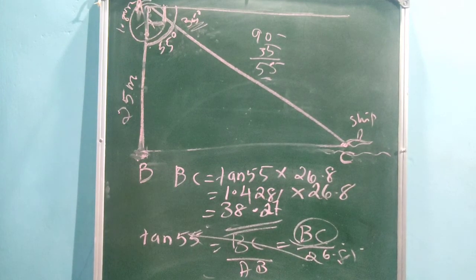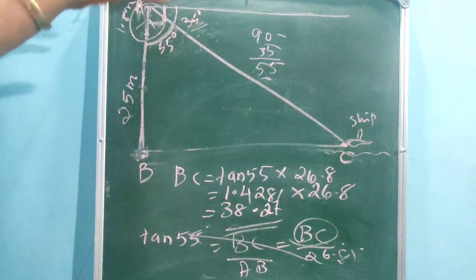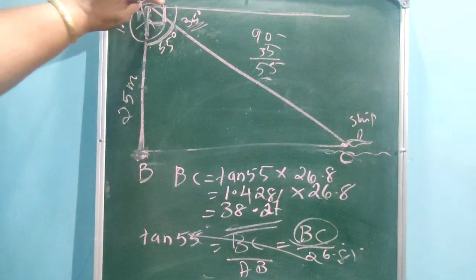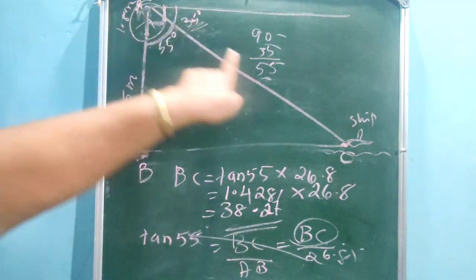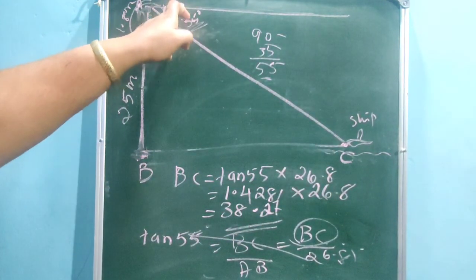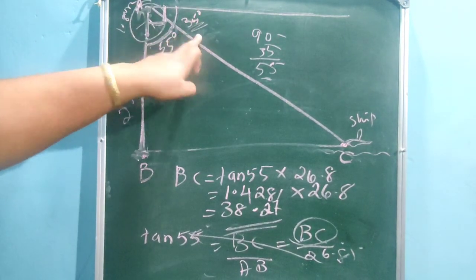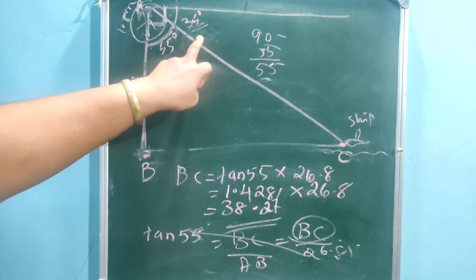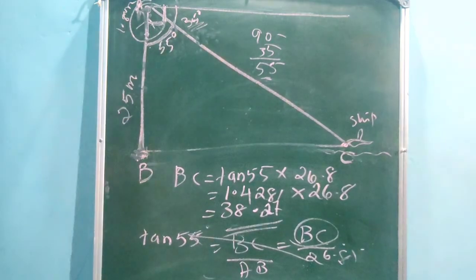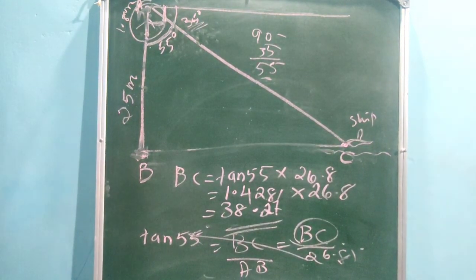So this question is based on angle of depression. See children, this is the straight view and this is the lowered view. Angle between the straight view and the lowered view is termed as the angle of depression. In the last question, angle of elevation: the angle between straight view and raised view is called angle of elevation, and this is angle of depression.